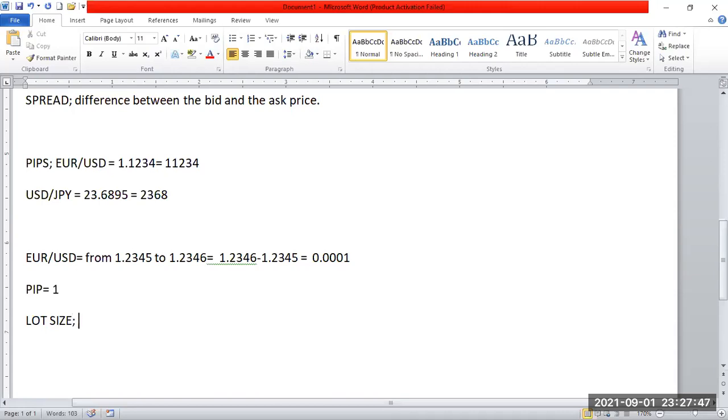So lot size is the volume at which you're buying. You'd see so many different definitions about this, but this is the simplest you get. So we have different lot sizes. We have the micro lot size, the mini lot size and the standard lot size.